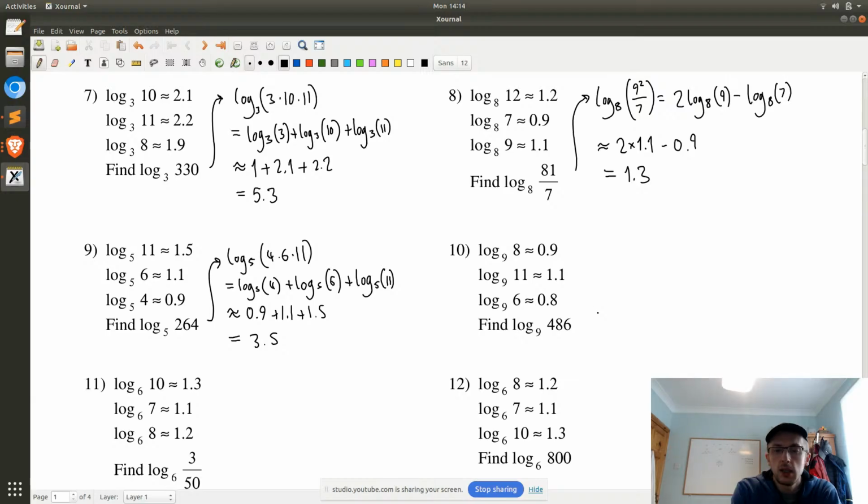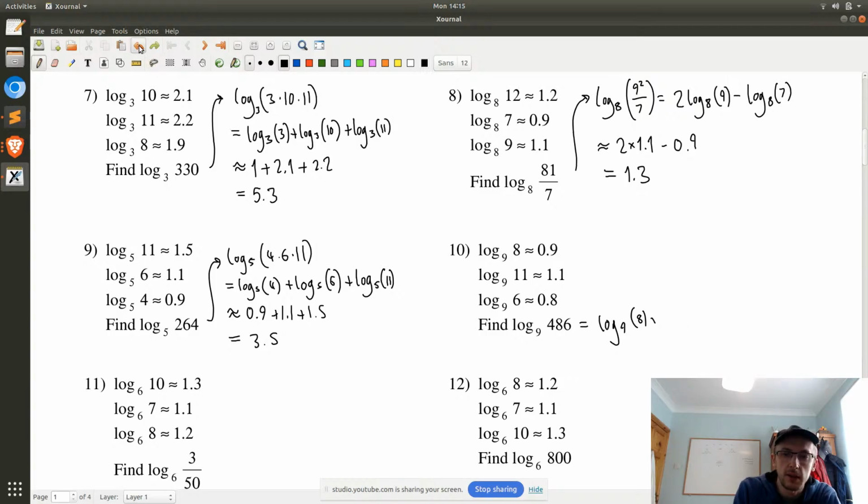And here 486, well, that's 243. And 9 and 243 are both powers of 3, so we're going to use that. In fact, it's 81 times 6. That's much better. So we'll just say log base 9 of 81 times 6.